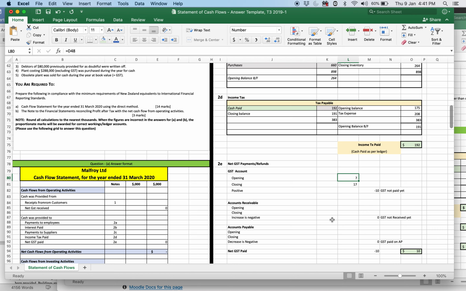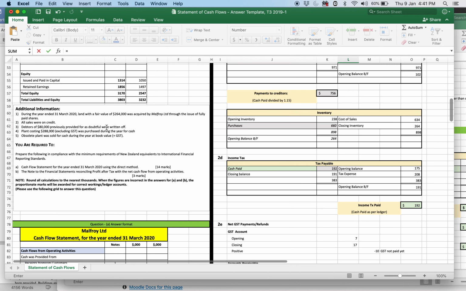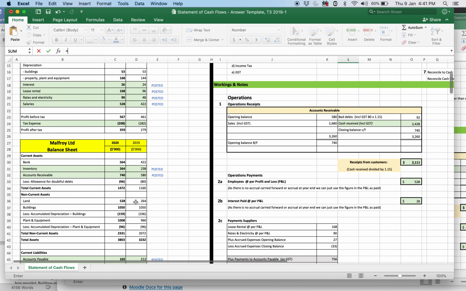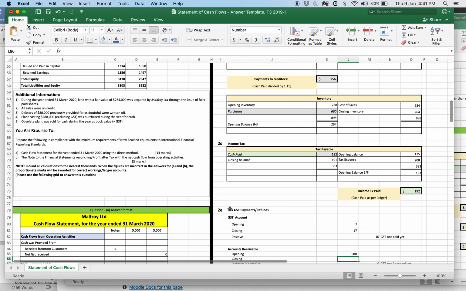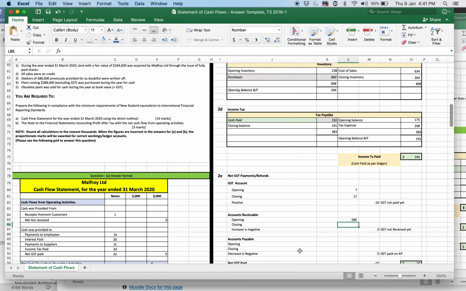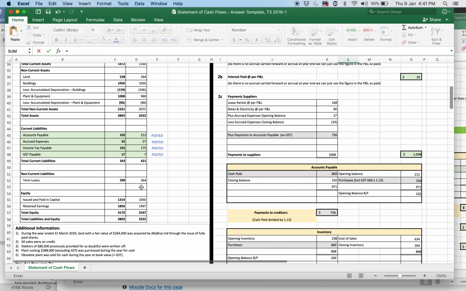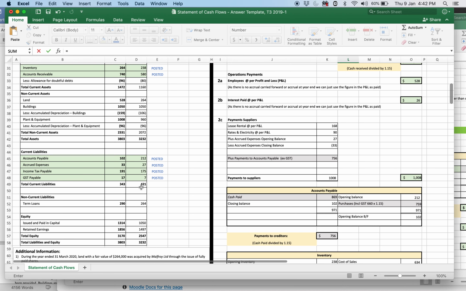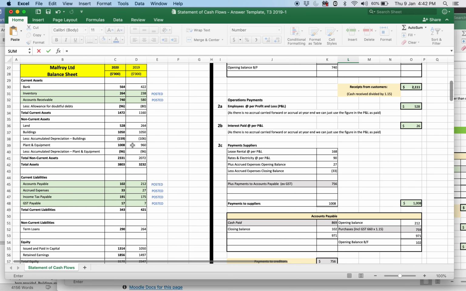Okay, so we've made the sale, but we actually have not received the GST yet. Okay, all right, or the sale plus the GST. So what was the opening balance of accounts receivable? It's up here somewhere. There's the opening balance. Okay, that's really good. What's the closing balance? Which is there.